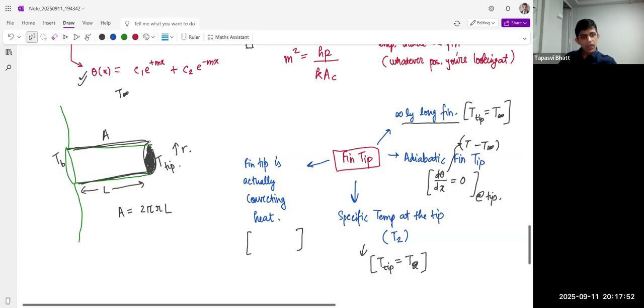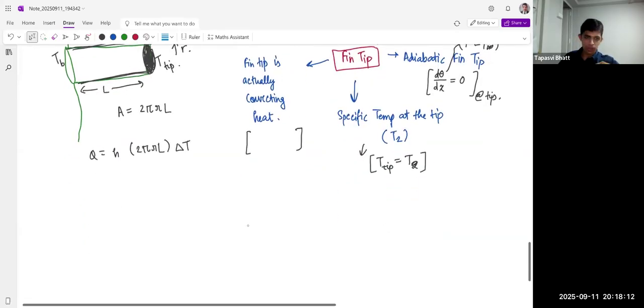If the tip is not convecting heat, then the heat transfer equation is Q equals h times 2 pi r times L times delta T. What is delta T? That is again variable, but okay.